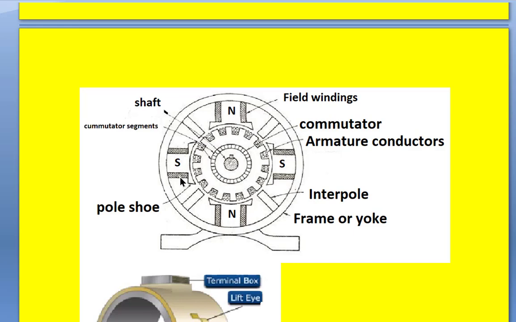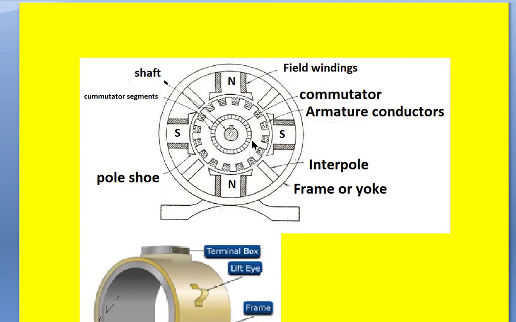Once those field windings are connected to the supply, then they carry the current and the current produces magnetic poles here. And this armature will be connected to the static supply via brushes and commutator so that it receives power while moving.